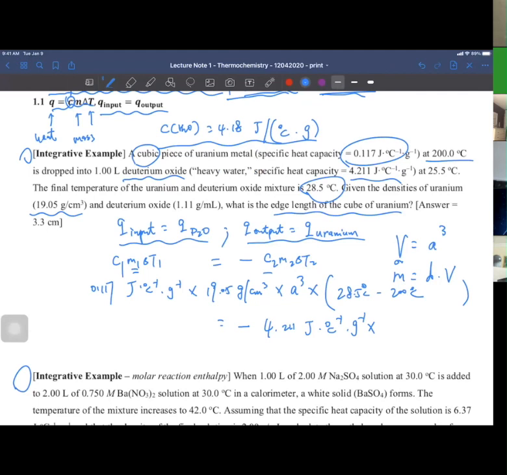What is the mass? It is 1.00 liter, and the density is 1.11 gram per milliliter. So we can convert this into 1.00 times 10 to the power of 3, change into milliliter first, and then multiply by the density, which is here, and then multiply by the delta T2, which should be the T final, 28.5 degrees Celsius minus the initial is here, 25.5 degrees Celsius.